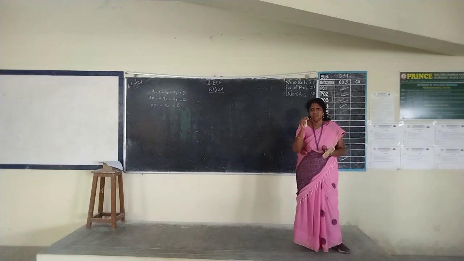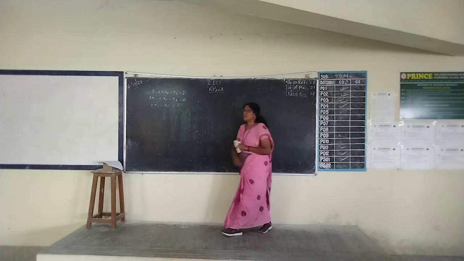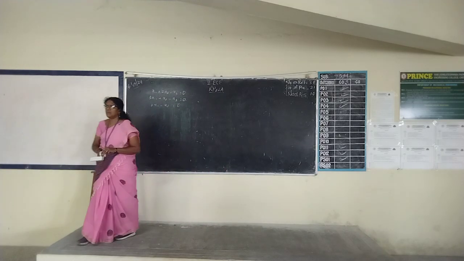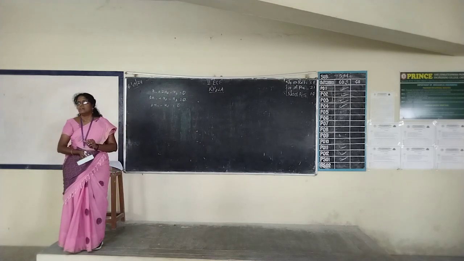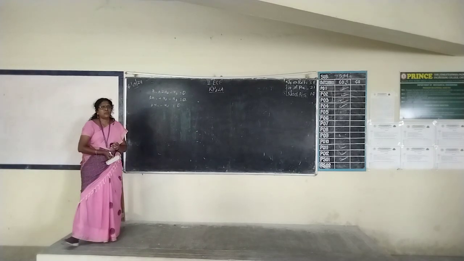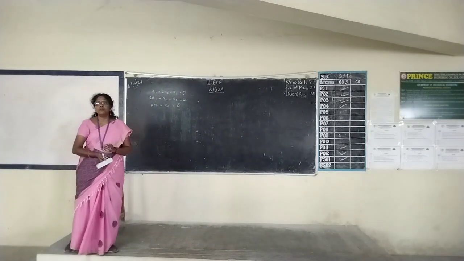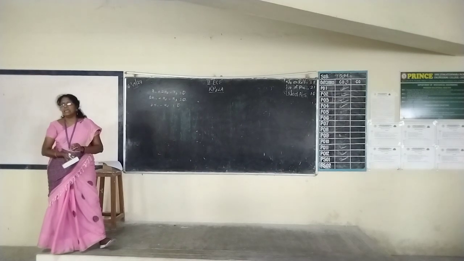The given system of equations is homogeneous. Next, the given system of equations is equivalent to Ax equal to 0.